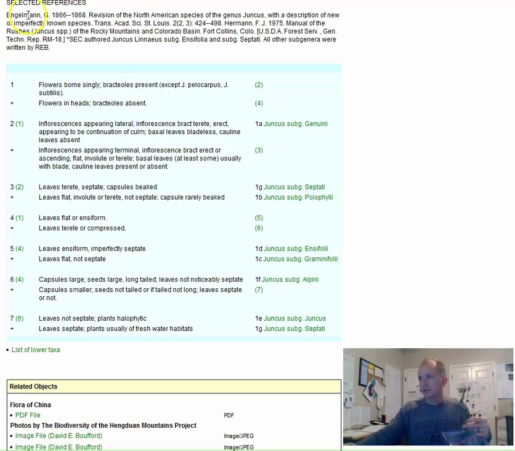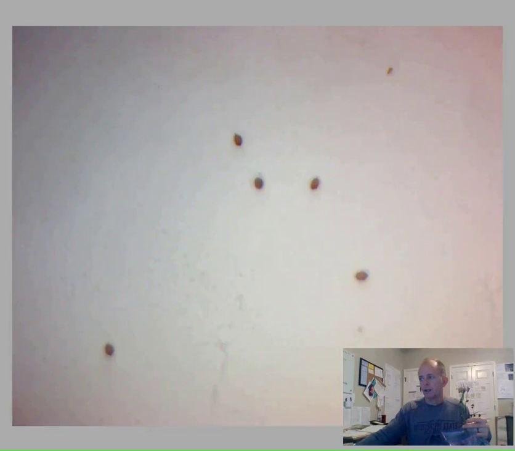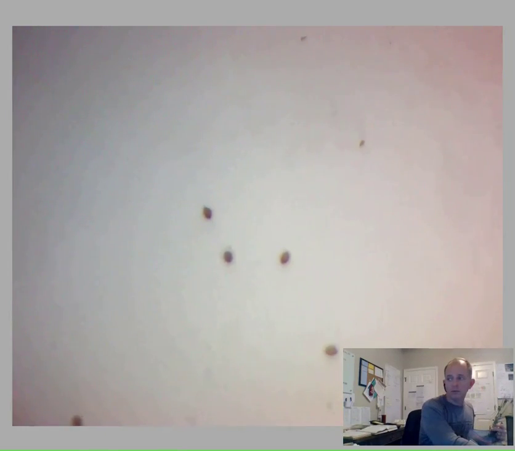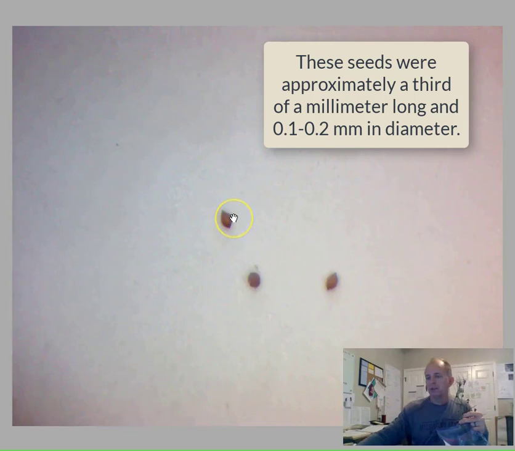Let's look at the seeds for a second here. All right, so here are some seeds. I'll focus that in, and let me move some of these to the middle, zoom in on these a little bit, and there we go. It's not the best lighting on that necessarily. But I hope what you notice here is that these seeds are more or less round.